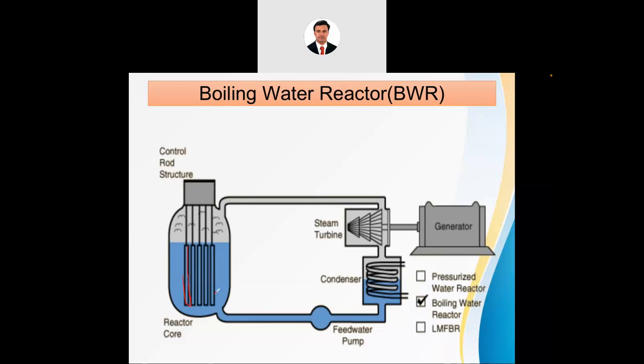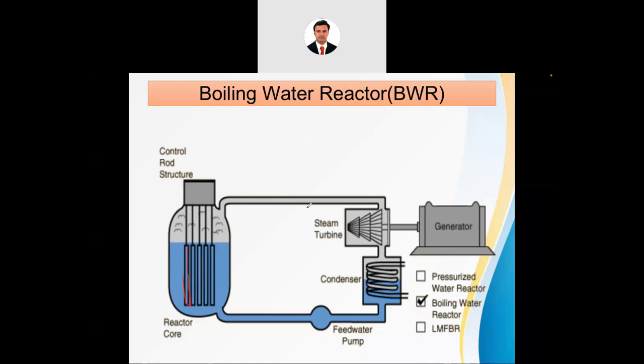The difference is that here the water comes directly in contact with the nuclear rod, and because of that, the heat liberated from the nuclear reaction is absorbed by this water, and it converts into high temperature steam, or superheated steam. This superheated steam then directly expands in the steam turbine.